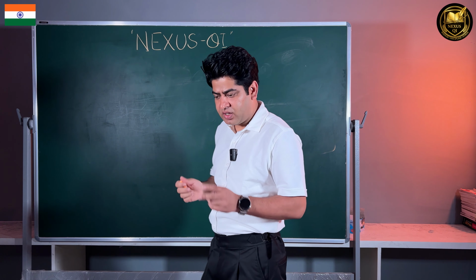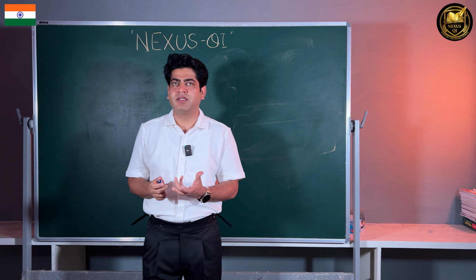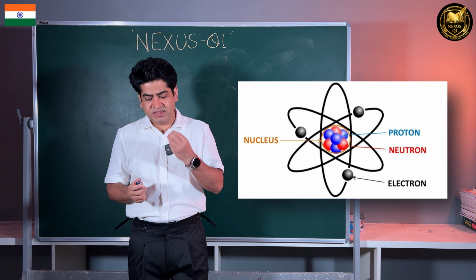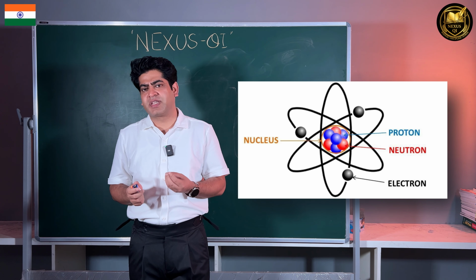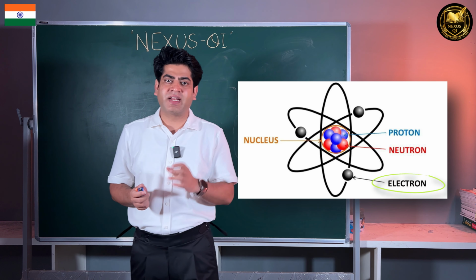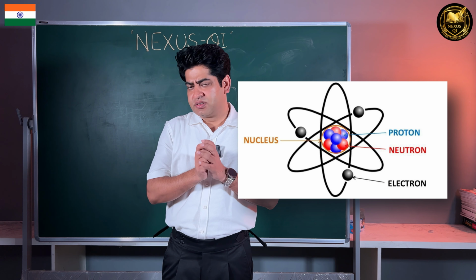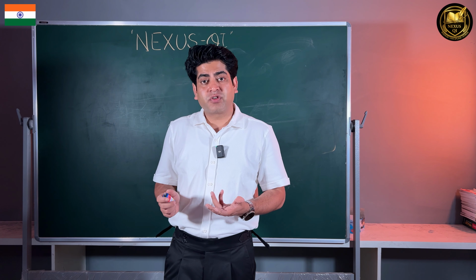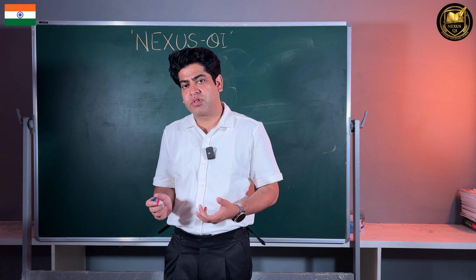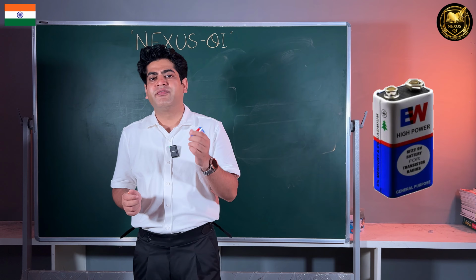So a small briefing: everything is made up of matter, and inside the matter there is an atom, and inside the atom there are protons, neutrons and electrons. But in this chapter, from the beginning I am telling you that the electron plays the important role. Due to the electron only the current will move. Why is the electron moving and who is applying the force, who is giving the energy? The battery. The battery is providing the field.